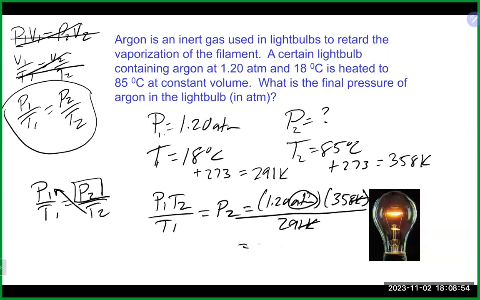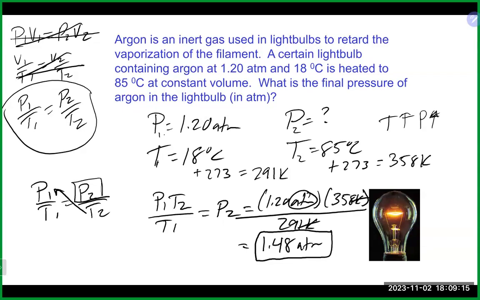And we will end up with 1.48 atmospheres in this case. We see the temperature went up, so should the pressure, and it did a little bit. Any questions on that one there?